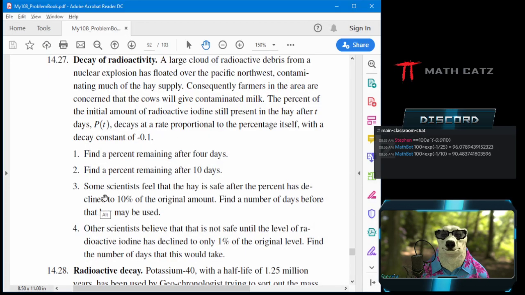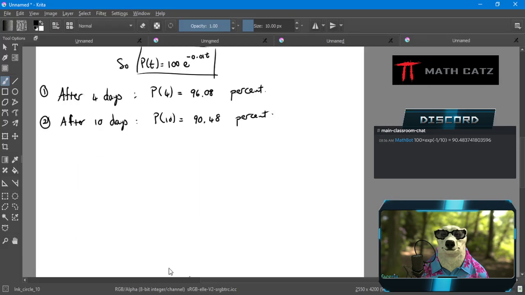So we've done that. Number 3, some scientists feel that the hay is safe after the percent has declined to 10% of its original amount. So now P is 10. Find the number of days before that hay may be used. So now I want to know in number 3, when is P equal to 10?